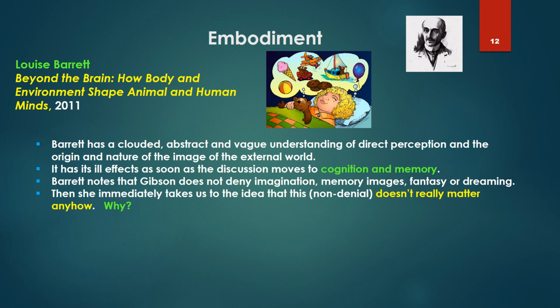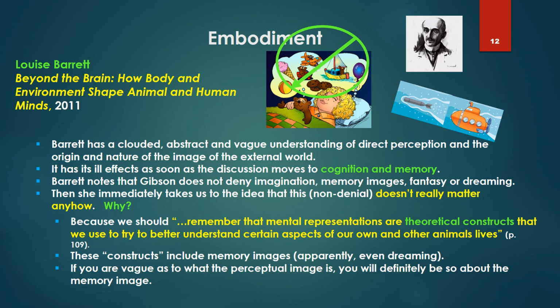Why? Because, she says, we should, quote, remember that mental representations are theoretical constructs that we use to try to better understand certain aspects of our own and other animals' lives. So these constructs include memory images, apparently even dreaming.